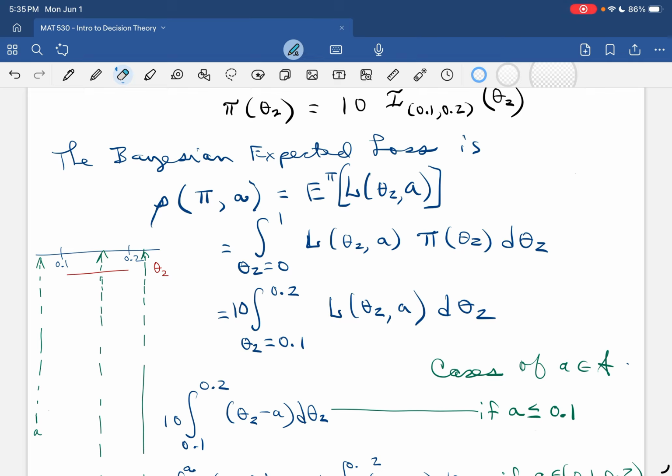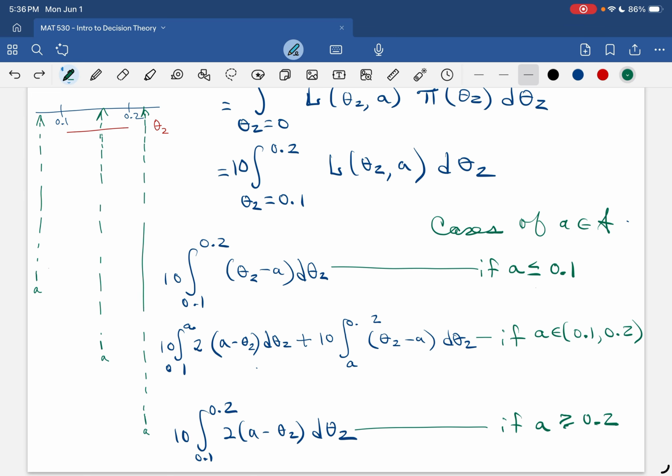In that case, little a will always be less than or equal to theta 2. Similarly, if little a is bigger than or equal to 0.2, then a will always be bigger than or equal to theta 2. The remaining case is what if a is between 0.1 and 0.2? Then sometimes theta 2 is less than or equal to a, and sometimes theta 2 is bigger than a, so we'll have two parts to the integral. Let's see how that plays out.